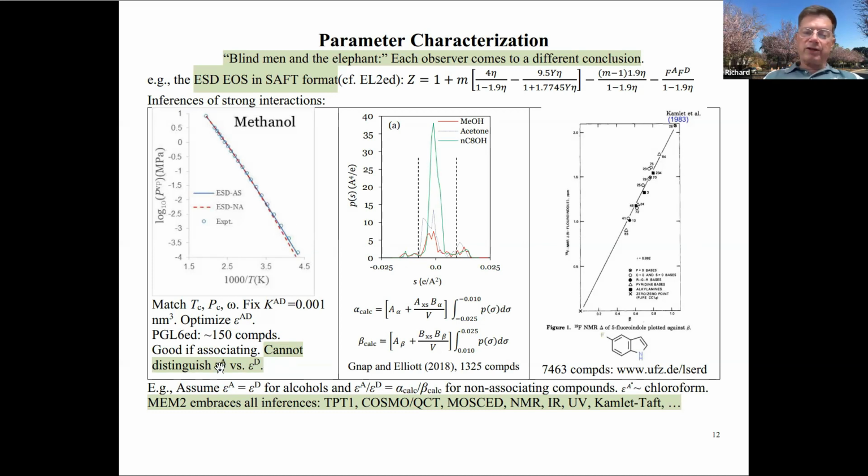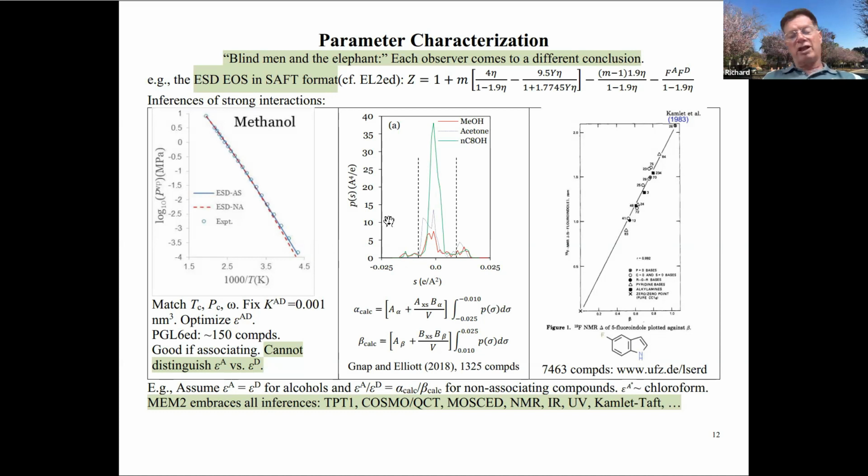The problem here is that I can't distinguish epsilon A from epsilon D based on vapor pressure, because I've just got that one measurement. In order to see whether it's acid or base, I have to put it in contact with something that's acid or base. Another way of looking at this, going to COSMO-RS, is to look at your sigma profiles, and they have some guidelines: if you're past this dotted line, then we're going to call that a proton donor, I forget.